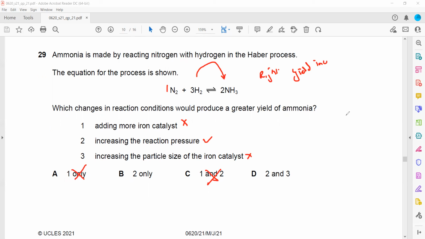Equilibrium is only affected by 3 factors. One is adding or removing a product or reactant. Number 2, the pressure can affect the equilibrium, and the temperature can also shift the equilibrium depending on the type of reaction.